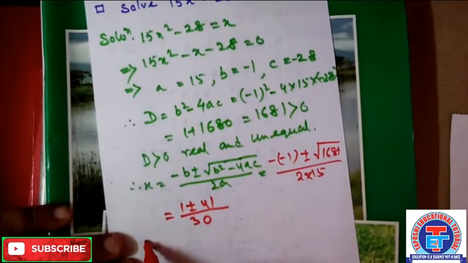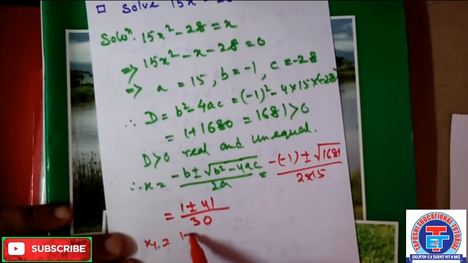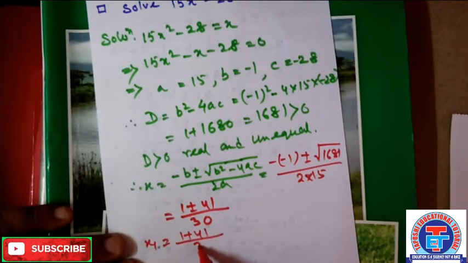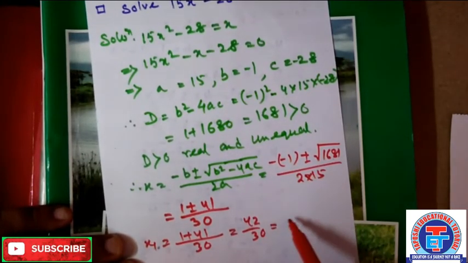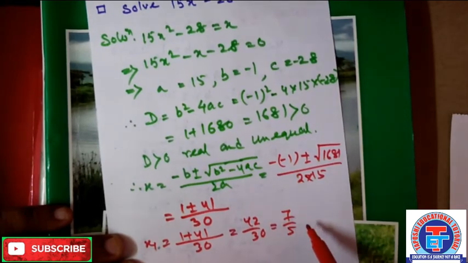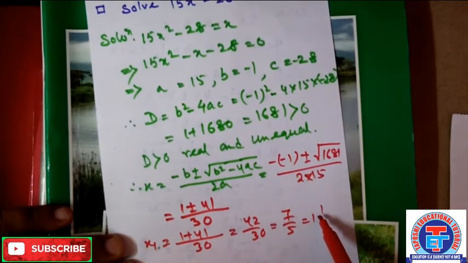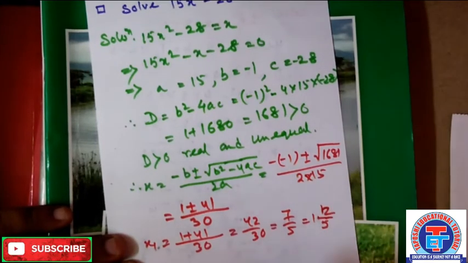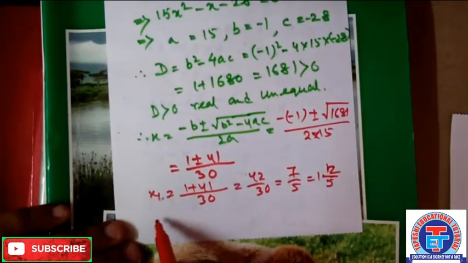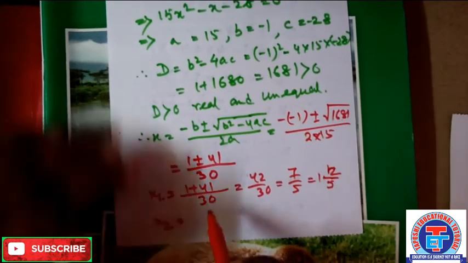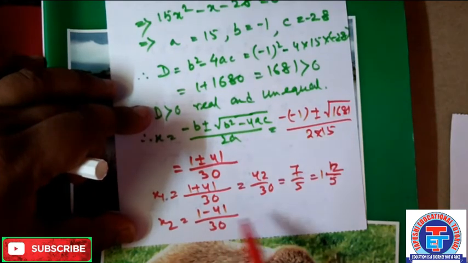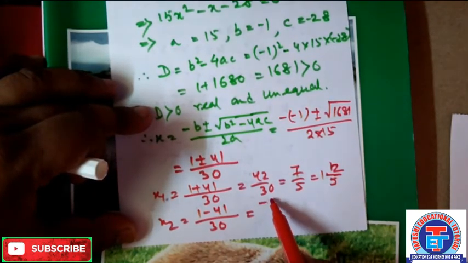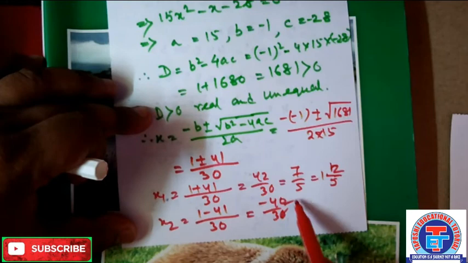Okay, then x1 is equal to 1 plus 41 by 30 is equal to 42 by 30. That means it will become 7 by 5, that means 1 whole 2 by 5. Okay, and x2 is equal to 1 minus 41 divided by 30 is equal to minus 40 by 30. 0 0 cancel.